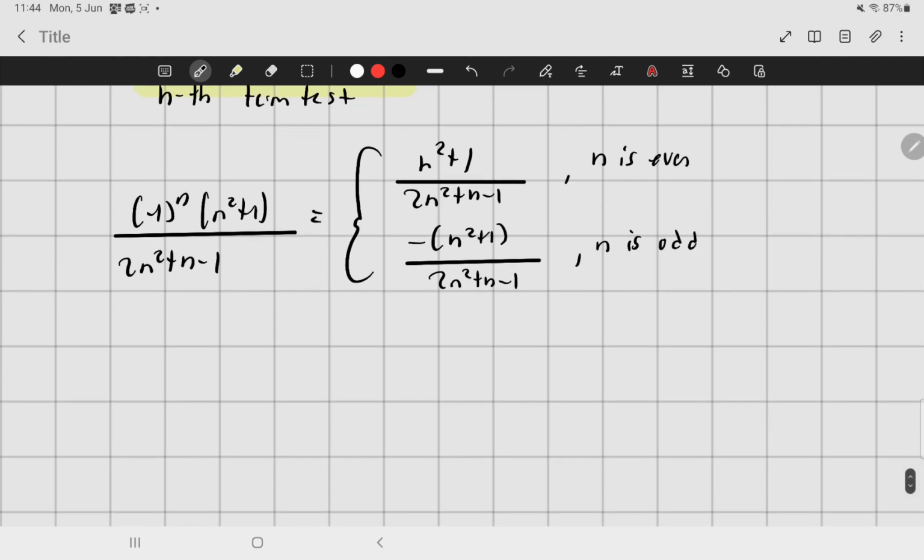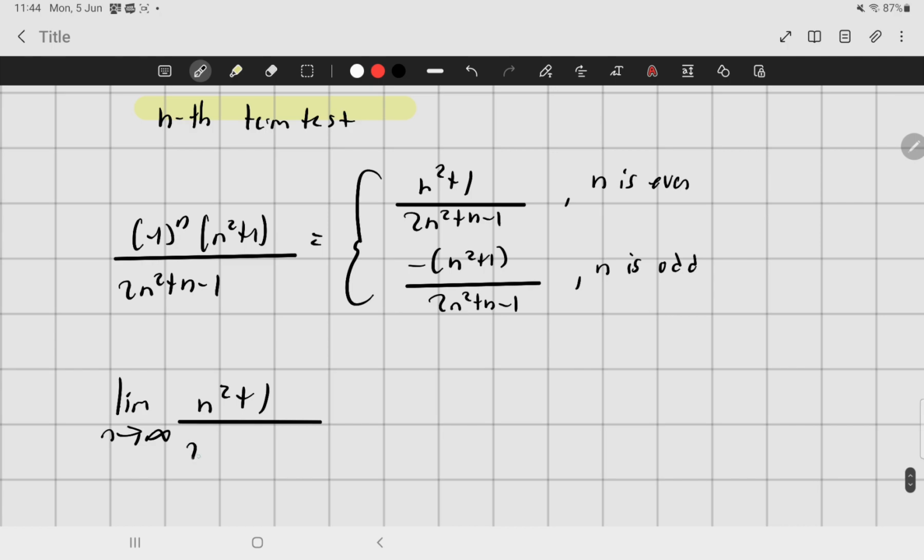Now when you take the limit as n approaches infinity of n squared plus 1 over 2n squared plus n minus 1, I'm going to take the term without the negative. Both terms here will approach 1 over 2. But this approaches 1 over 2 as n approaches infinity, and this approaches negative 1 over 2. So what does that mean?